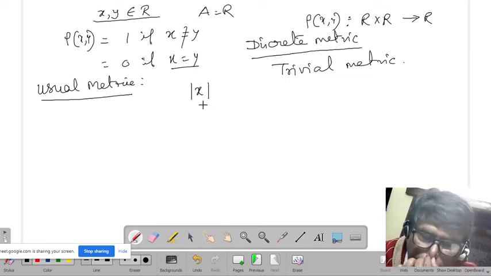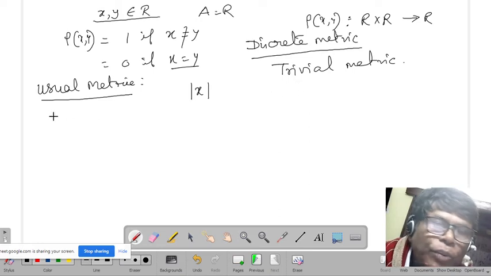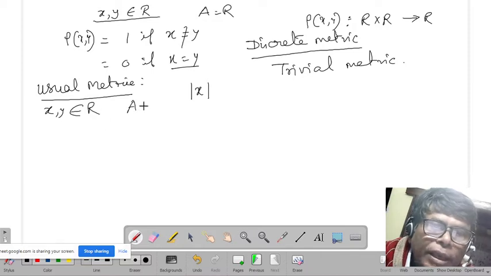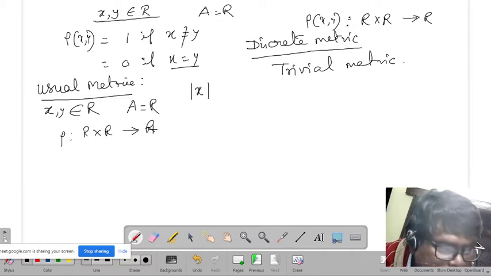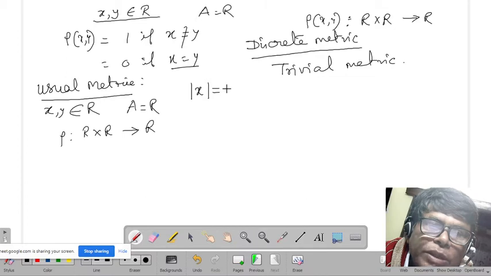Here absolute value is defined for all x, y belonging to R, so A is equal to R here, and our rho is a function R cross R to R. Now what is the definition of modulus x, or absolute value of x?